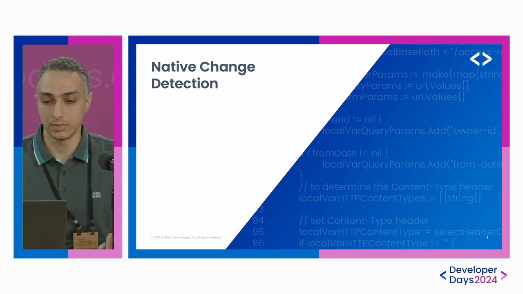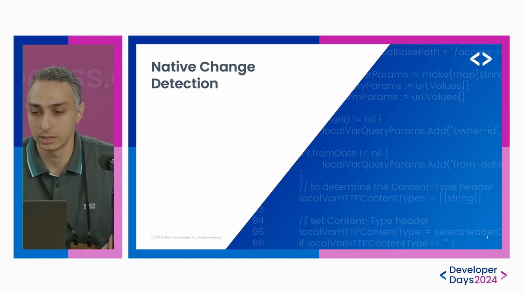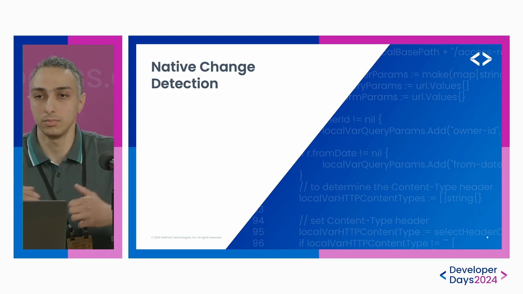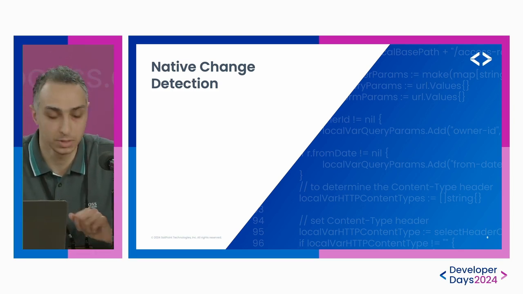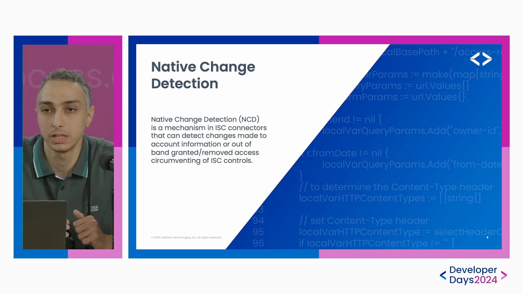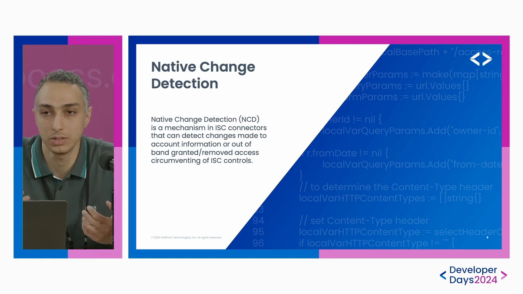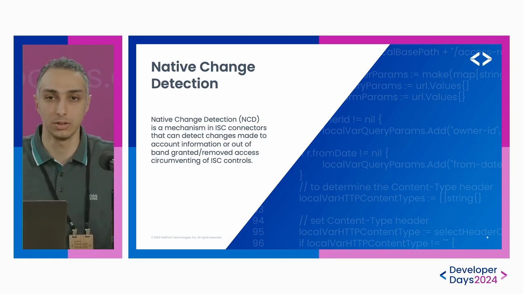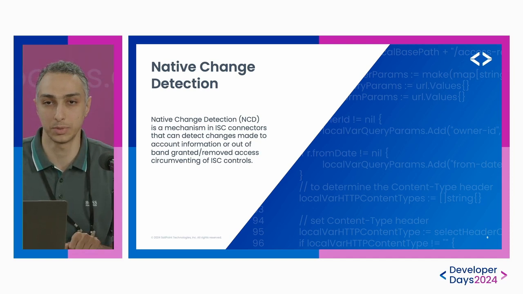So what is native change detection? Native change detection is a mechanism in Identity Security Cloud to keep monitoring the current changes made to your accounts outside of the ISC umbrella.